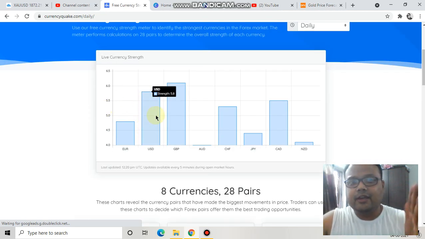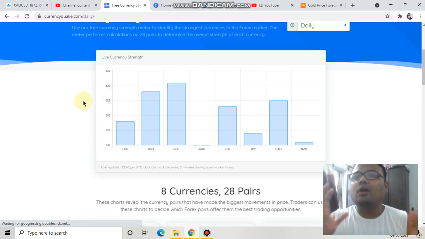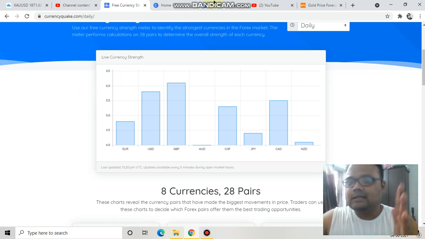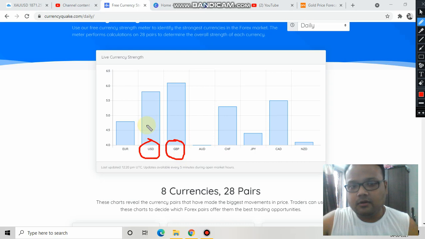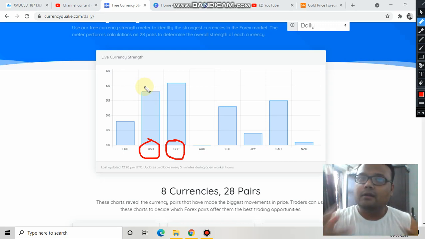This is the currency strength meter, and you can see that almost all the currencies are very strong, but USD and GBP, the US dollar and the British pound, are extremely strong. This is one of the reasons behind the fall of the gold price, because the US dollar became extremely strong after the news.